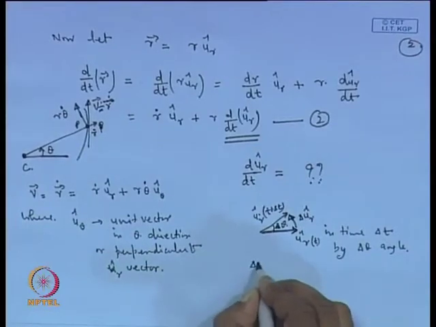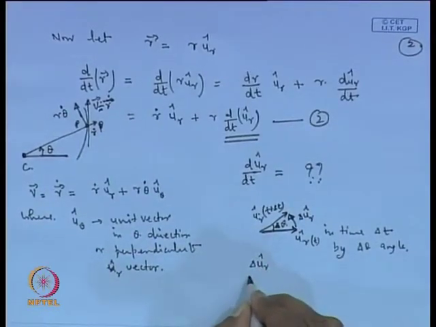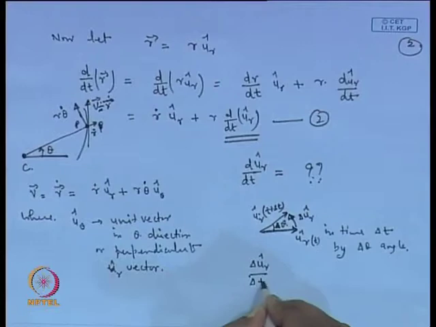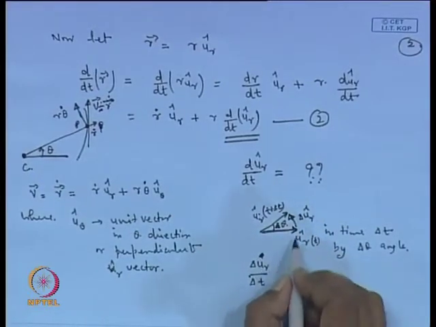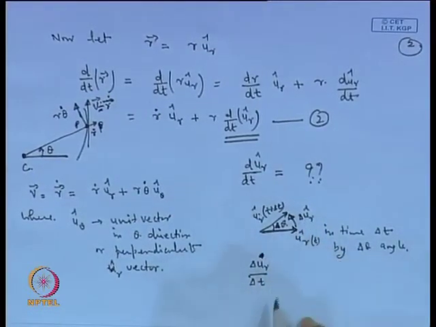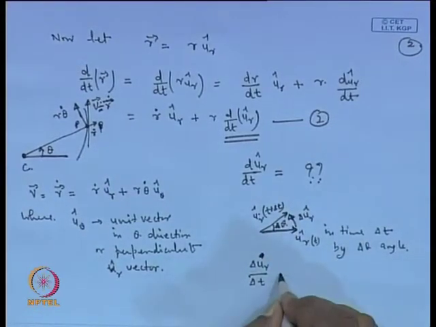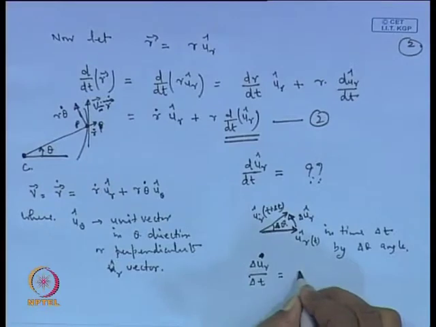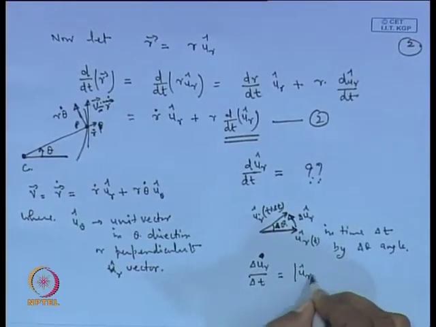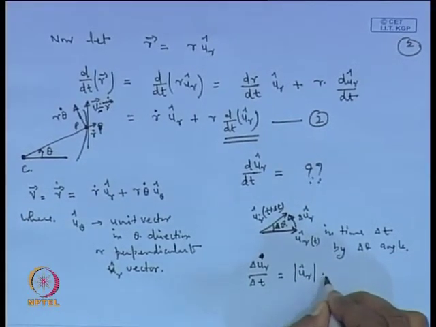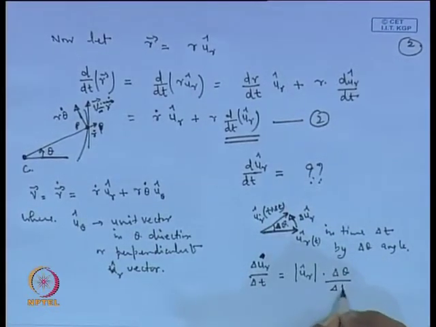Therefore, delta u r cap by delta t, or let us first take the magnitude of delta u r, without taking the direction of this. So, this can be approximately written as u r cap magnitude times delta theta, divided by delta t.